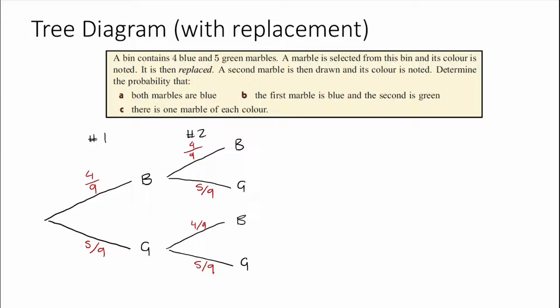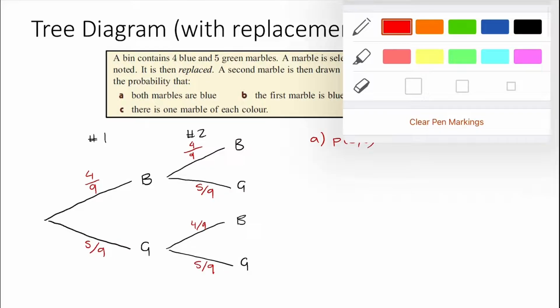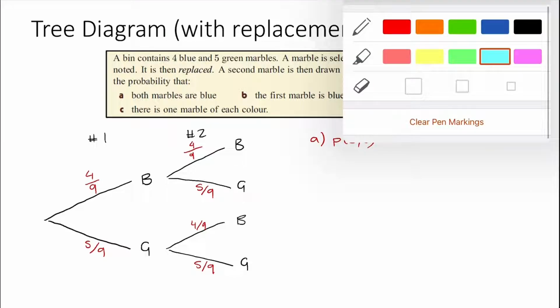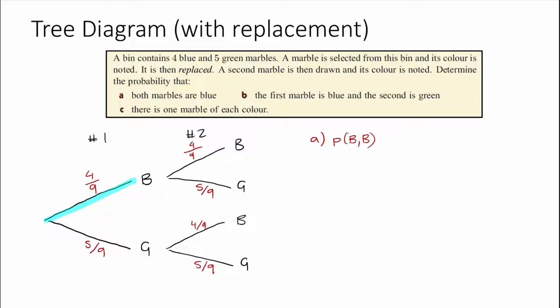As you can see, if we didn't replace that marble, we would only have 8 marbles left in the bin, so those fractions would look quite a bit different to the first ones. Okay, first off, it wants me to calculate the probability that both of the marbles are going to be blue. So we're looking at this branch and then this branch.